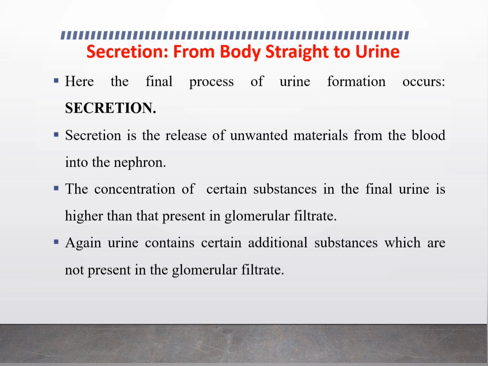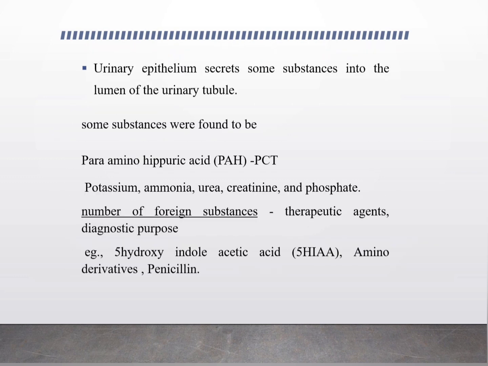The concentration of certain substances in the final urine is higher than that present in the glomerular filtrate. Again, urine contains certain additional substances which are not present in the glomerular filtrate. The tubular epithelium secretes some substances into the lumen of the tubule. Some of these substances are para-aminohippuric acid, mainly produced by the proximal convoluted tubule, and others such as potassium, ammonia, urea, creatinine and phosphate.